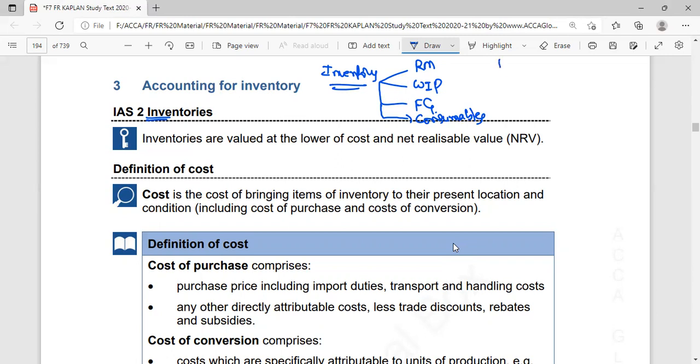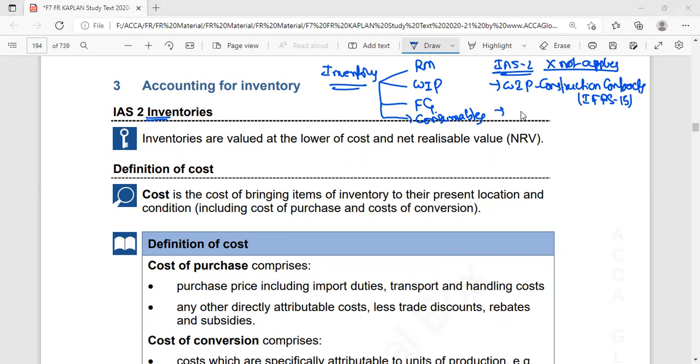But IAS 2 does not apply in some cases. It does not apply to the work in progress arising in the process of construction contracts, which we are going to discuss in IFRS 15, that is revenue recognition.